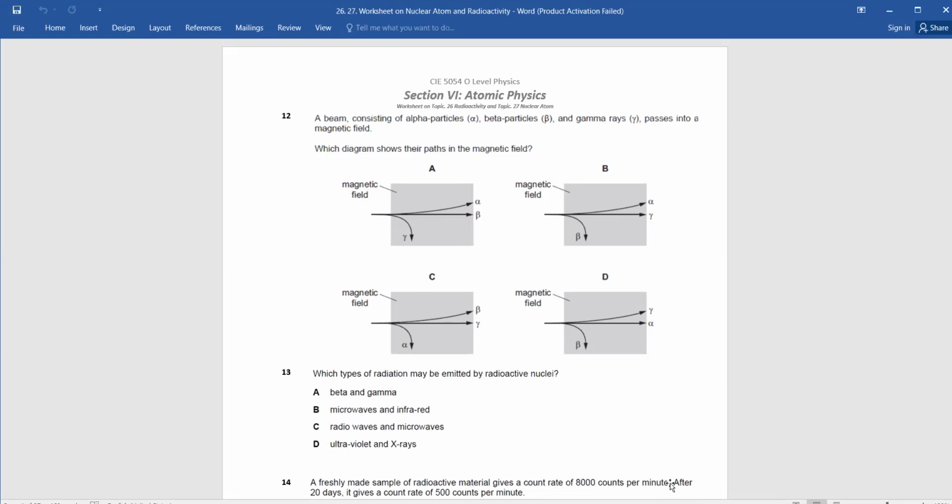Alpha particles are positively charged, so they go the opposite direction, slightly attracted by the magnetic force, and beta particles, since they're negatively charged, they go away from it.